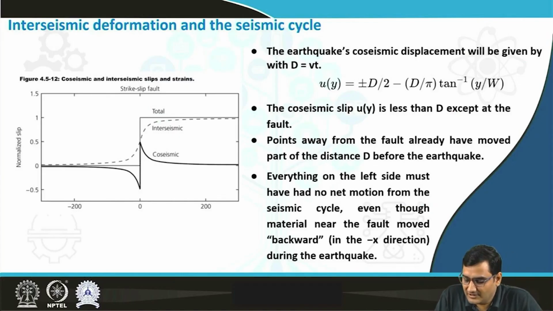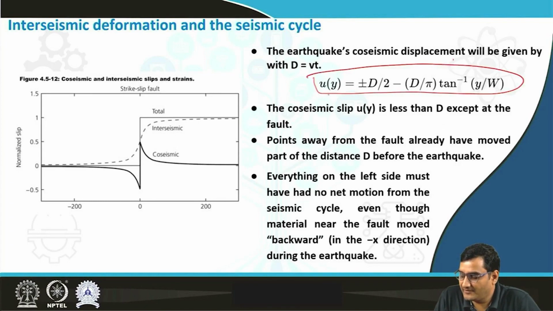You can see here the earthquake's co-seismic displacement will be given by this particular equation: u_y equals plus or minus D/2 minus (D/pi) tan inverse of (y/w). D is the displacement, that is vt, and w is the width of the fault.